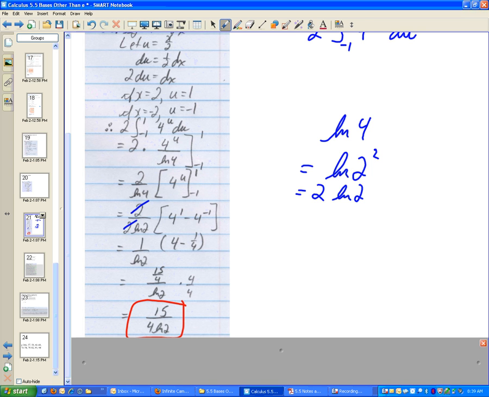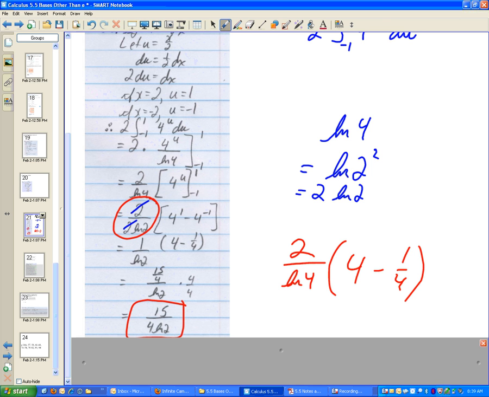They do, because there's a lot more multiple choice questions than there are free response questions, all right? But on the free response portion, if you just left this as 2 over the natural log of 4 times 4 minus 1/4, they're fine with it. You get full credit for that.